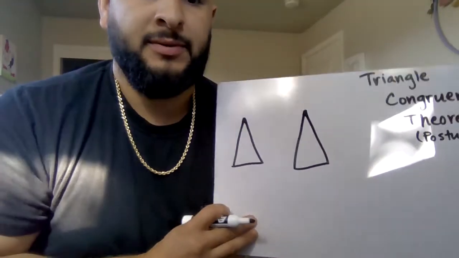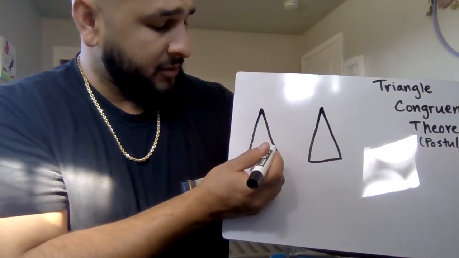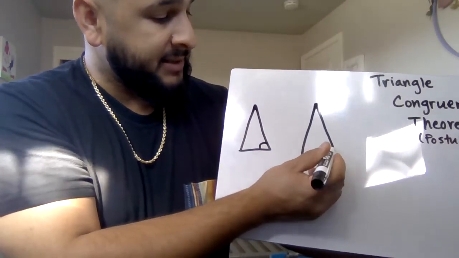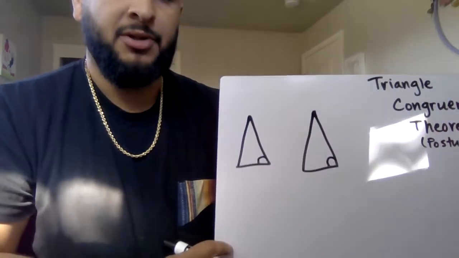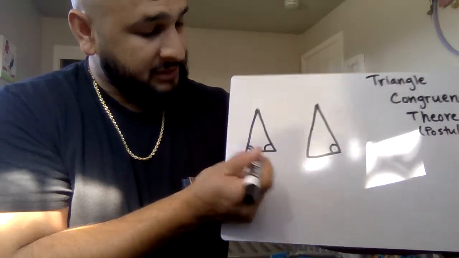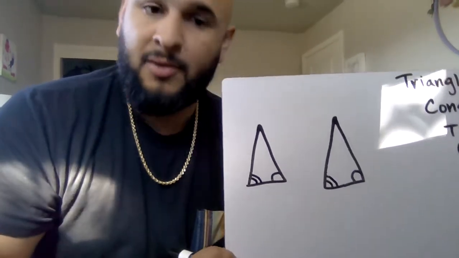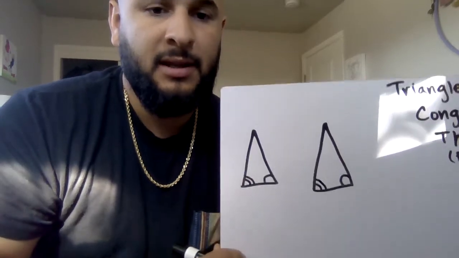Those are not that close, but we're pretending. If I told you that this angle here is the same as this angle here, they're in the same location. And then I told you that this angle is the same as this angle. I have two angles, not enough information yet to say they're congruent.